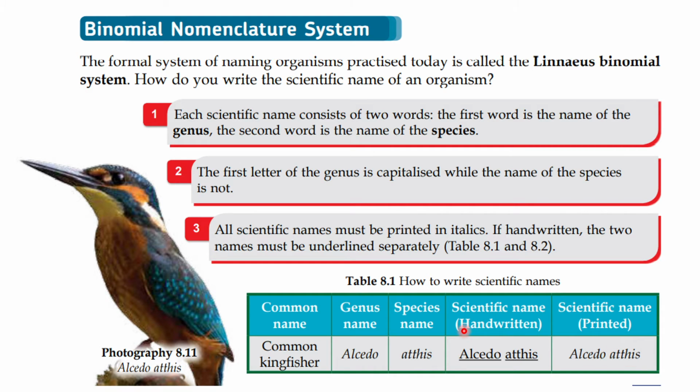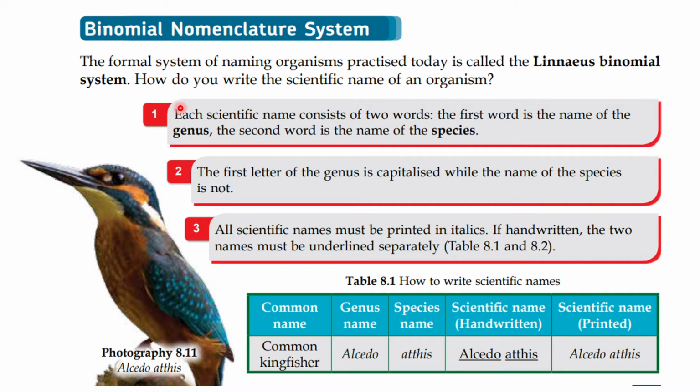But if it is handwritten, jika kita menulis tangan, so that means when you are answering your essay, your exam questions, kamu tulis tangan kan? So you have to write the two scientific names separately, underline them, and the first letter of the genus is capitalized.